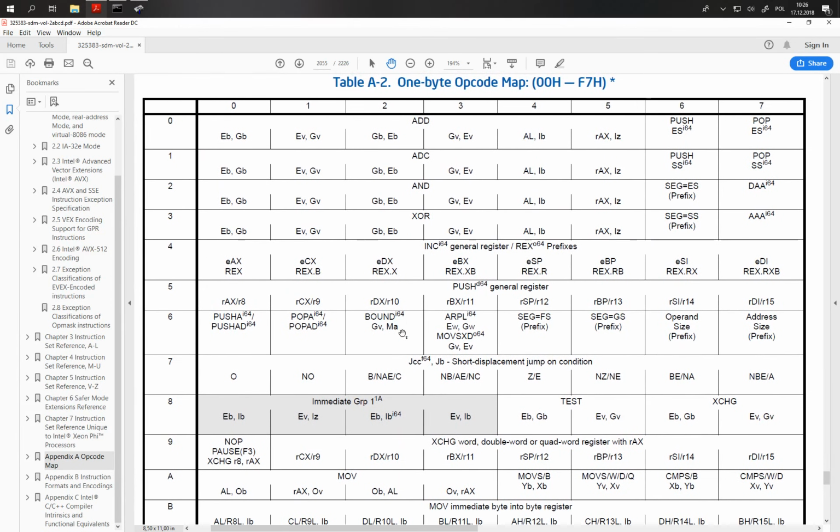BOUND is here. This is another instruction that only allowed a memory operand. So again, we can use the same trick to make it work in legacy modes too. We just need to ensure that in old modes, 16-bit mode and 32-bit mode, we use such an encoding that this would be BOUND with a register operand, which was invalid.